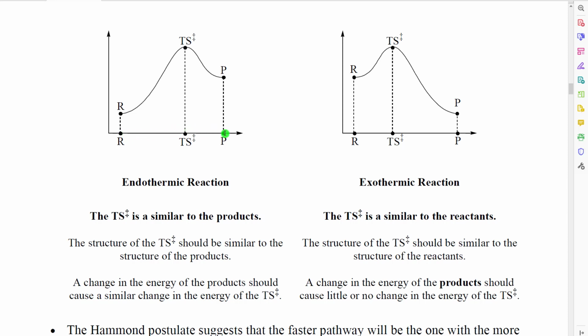This is the reaction coordinate. It was recognized by that time that what the reaction coordinate really represented was a series of infinitesimally different structures that are gradually changing, starting from the reactant structure all the way to the product structure. So these represent structures.